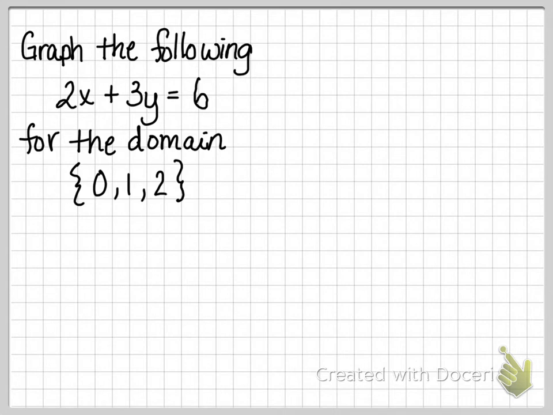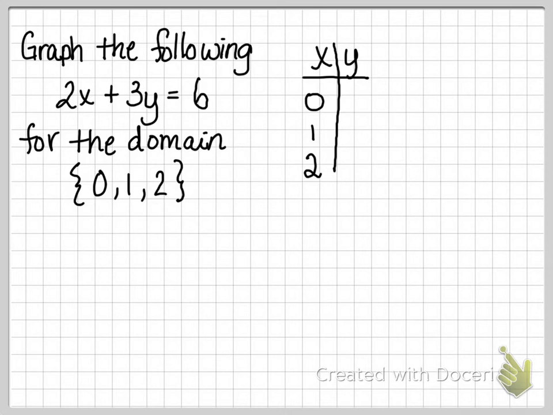Okay, so in order to graph this for that domain, I've got a t-bar here, and I need to do 0, 1, and 2. The problem is I cannot put that equation into my calculator, so I'm going to have to do it by hand, trial by trial.